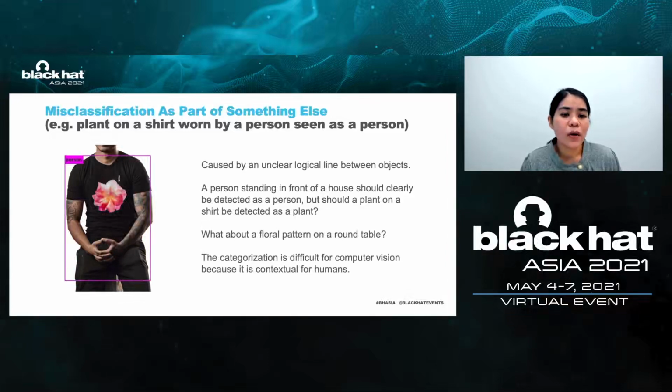A person standing in front of a house should clearly be detected as a person, but in this case, why not a plant on a shirt? It should be detected as well, but in this case it's totally hidden. It's the same way with a floral pattern on the round table, because of the unclear logical line between the objects. So we found this kind of identification errors exist.